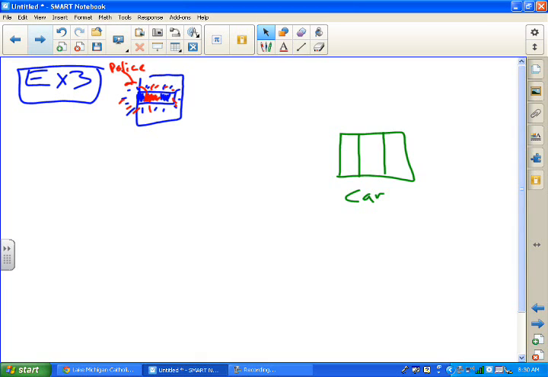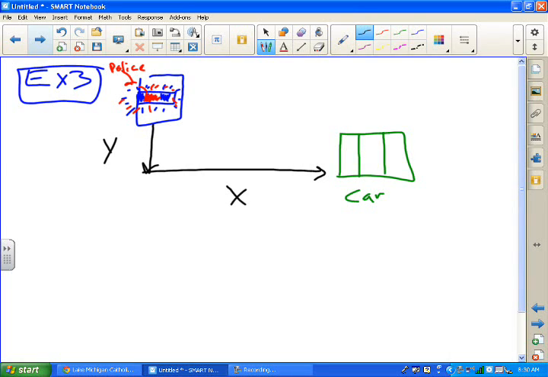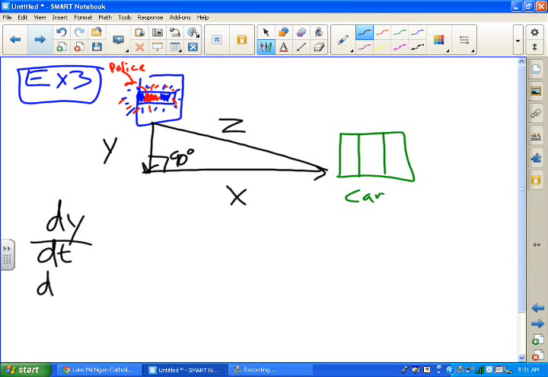I'm going to draw a little picture here to set things up and wrap my mind around it. The police cruiser is approaching the intersection from the north and is chasing another car moving straight east. The cruiser is located 0.6 miles north of the intersection, and the speeding car is 0.8 miles east.